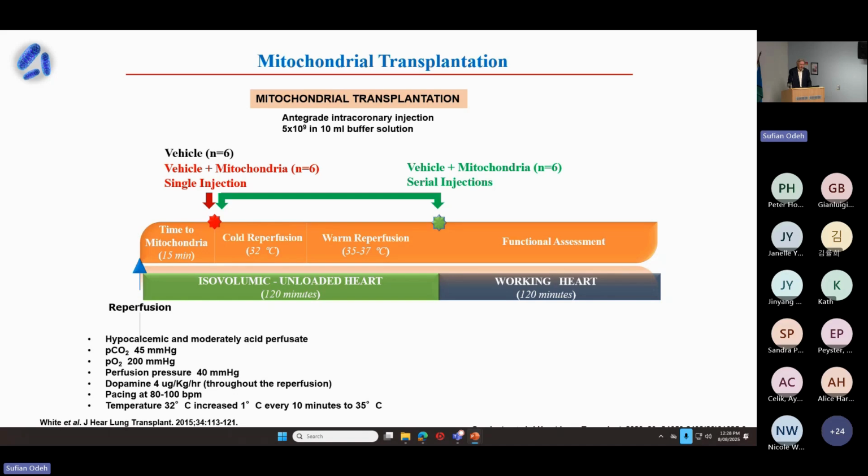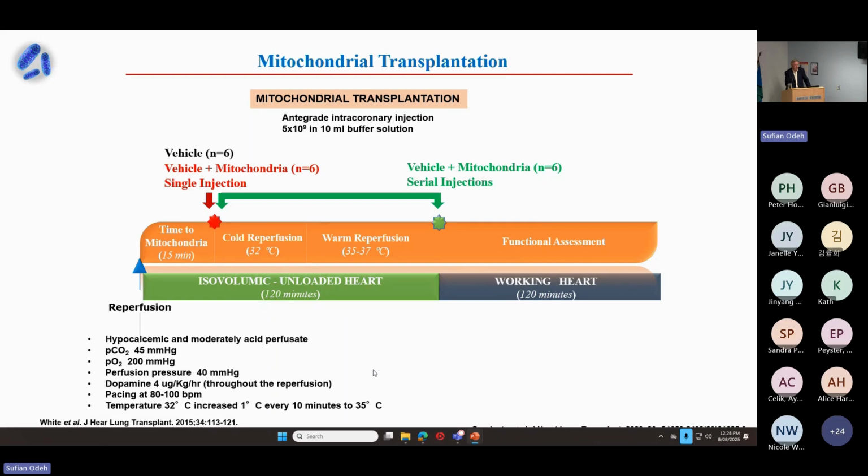PCO2 was 45, PO2 200, and that's fairly high, but it's what we use for babies. So some of this work that I'll show you, we've done in adult, neonatal, and pediatric hearts. So we just kept it at what we're doing in our hospital. The perfusion pressure was 40 millimeters of mercury.